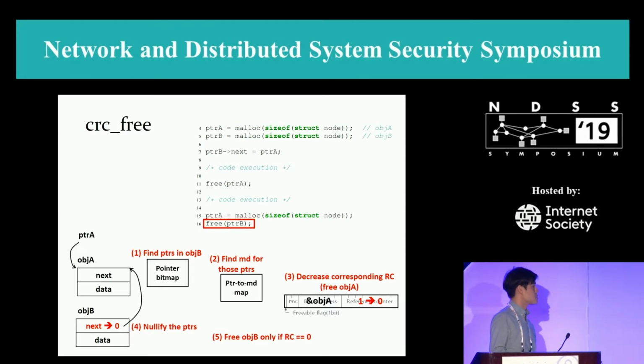And we find the metadata for those pointers and decrease the corresponding reference counts. And finally, we nullify the pointers in the freed memory region. So one more thing is that we free object B only if the reference count is 0. In this way, one of the challenges introduced before can be solved.